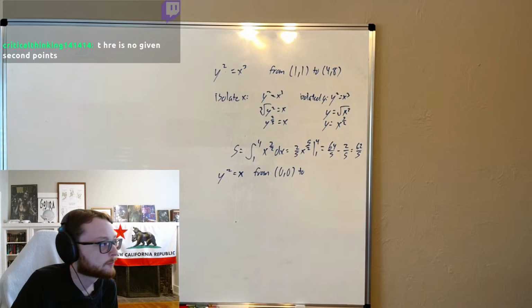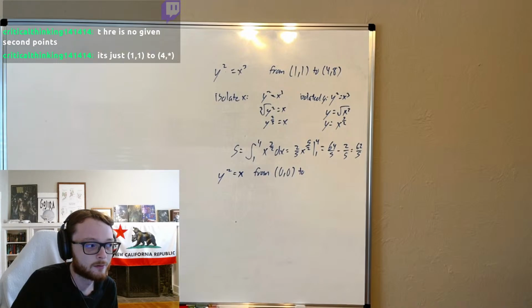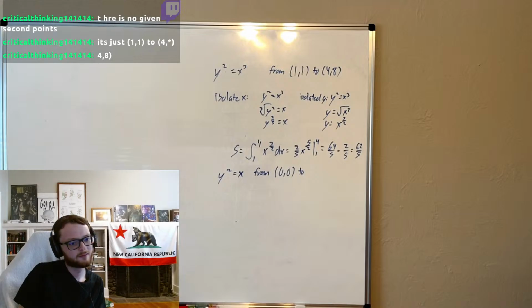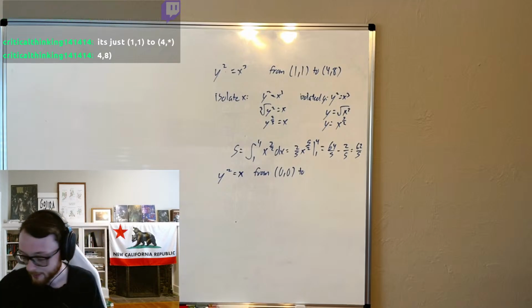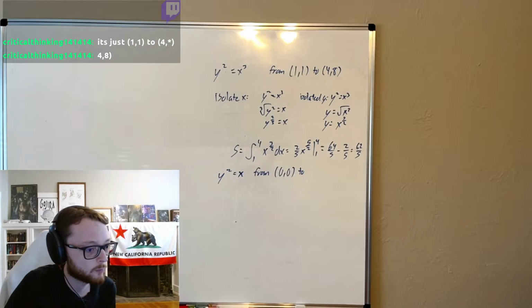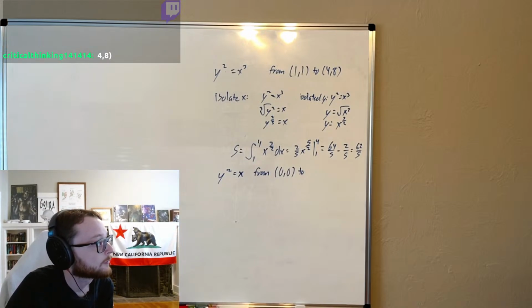There is no given second point? 4, 8? No, I was talking about the second question, y squared equals x. I got the answer for the first one, 62 over 5.